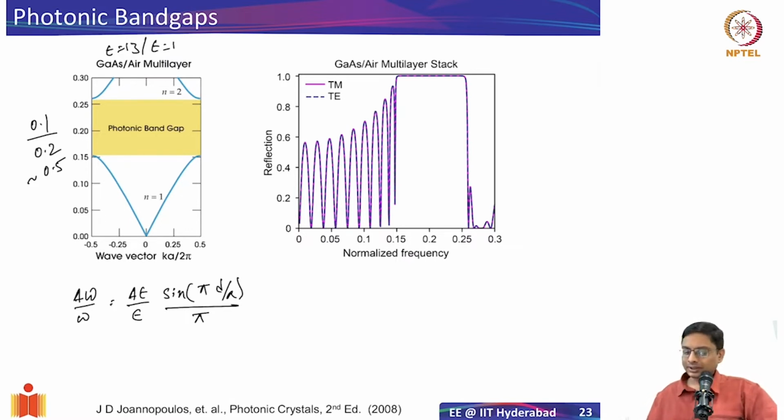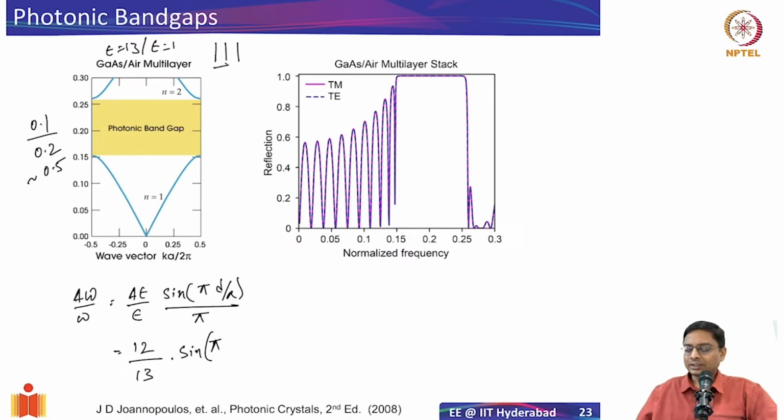Here, delta epsilon is the difference in epsilon of the layers, so 13 minus 1, that is 12, divided by the epsilon of the high index medium, 13, times sine of pi d by a. This is simply a multilayer stack where one layer is high index, one is low index, and both have equal thicknesses.